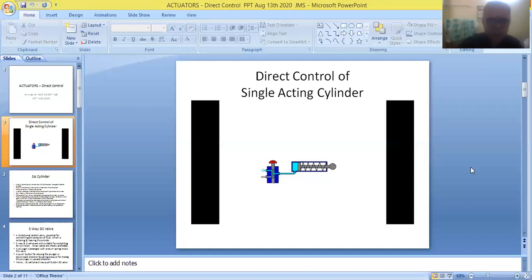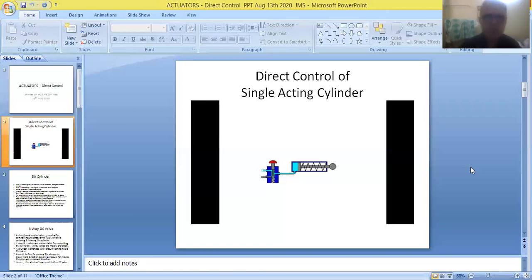So as already informed, friends, if the valve is in the first position, the inlet will be in contact with the outlet, so fluid will enter the cylinder, which moves the piston in the forward direction. And when the valve comes to the second position, the outlet comes in contact with the exhaust, so supply is cut off into the cylinder, and therefore the piston moves in the reverse direction.